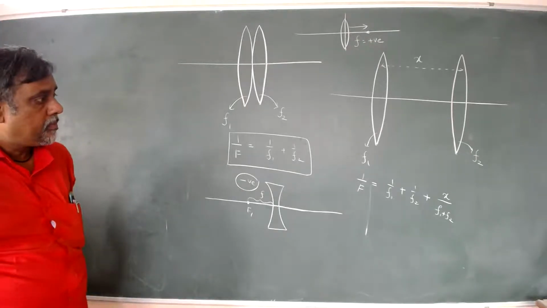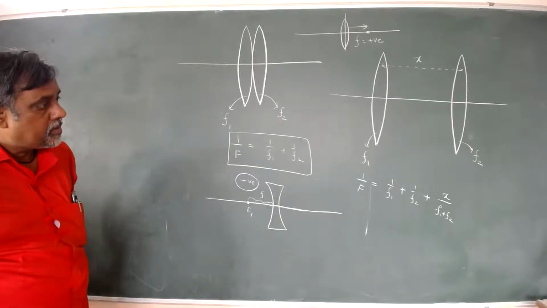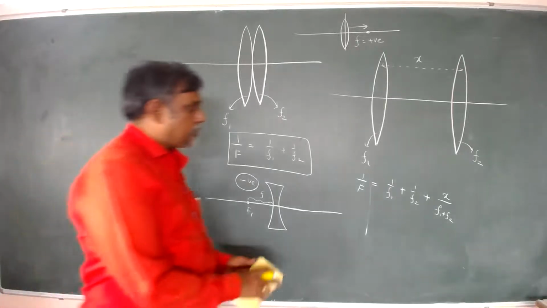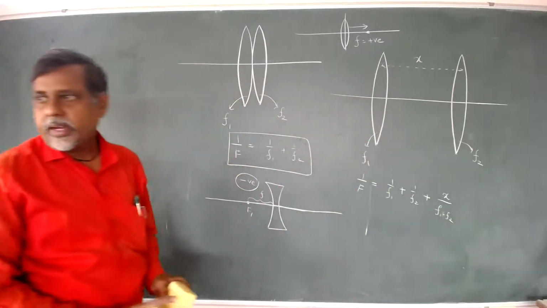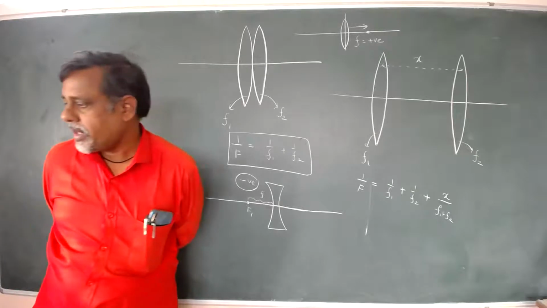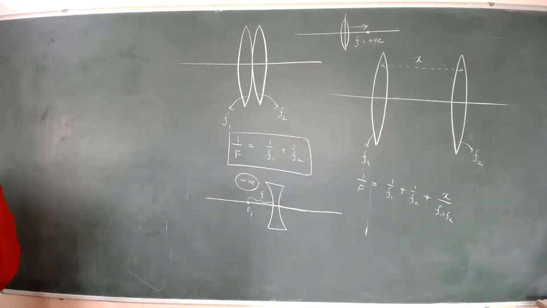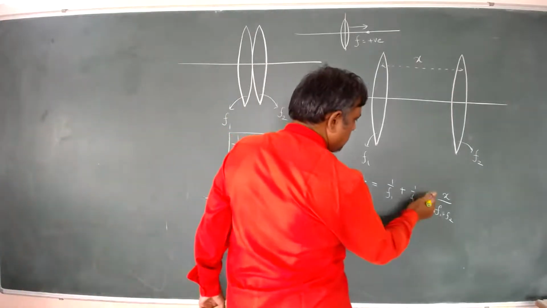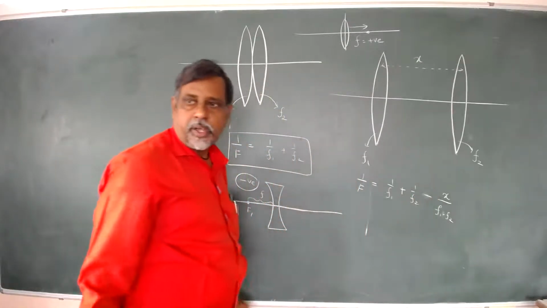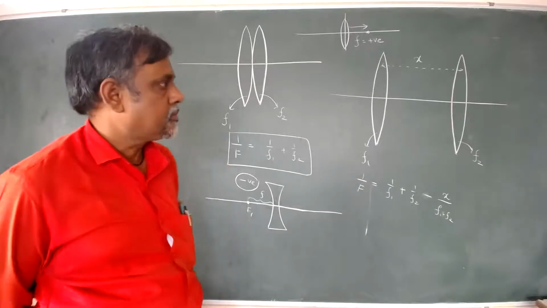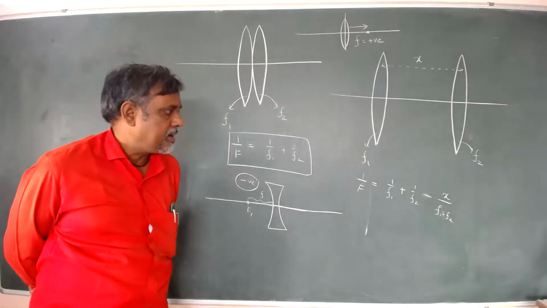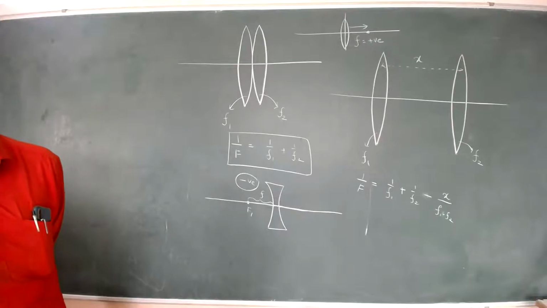1 by f1 plus 1 by f2 minus x by f1 into f2.